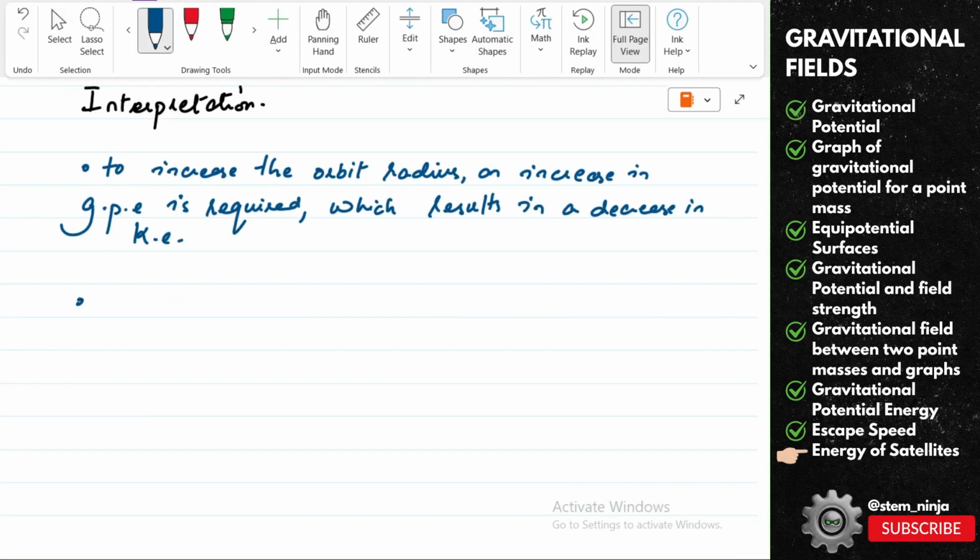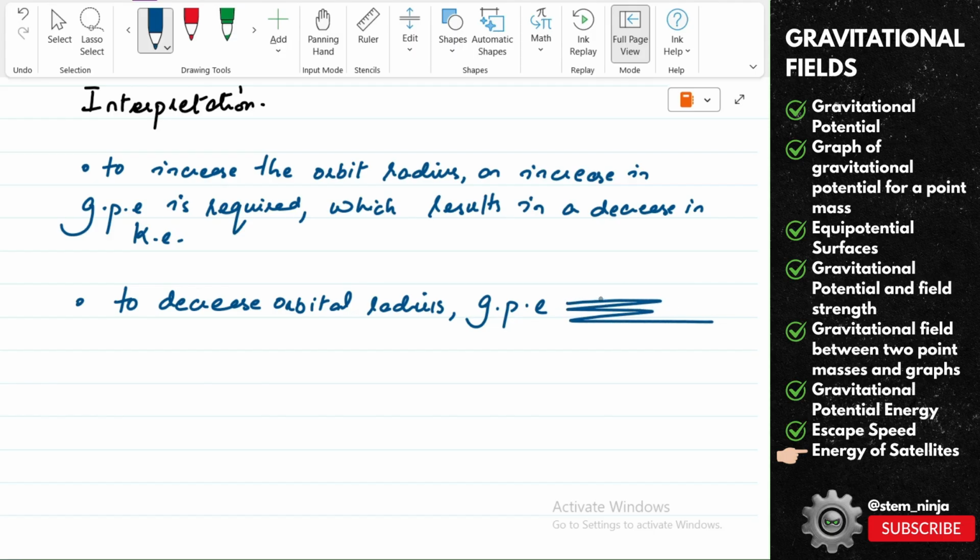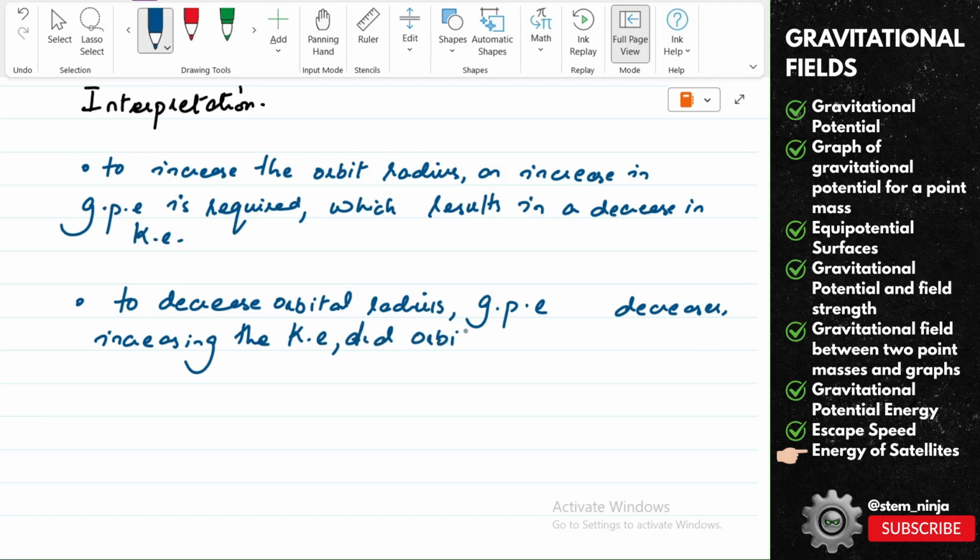Similarly, to decrease the orbital radius, gravitational potential energy decreases, increasing the kinetic energy and the orbital speed of the satellite.